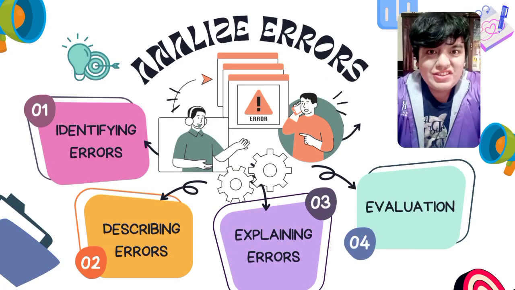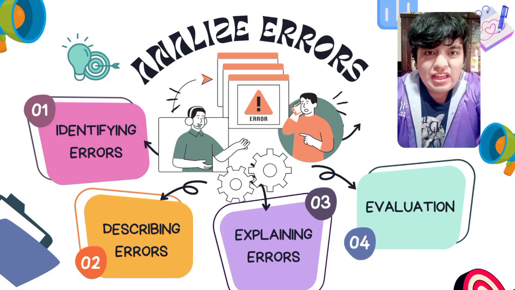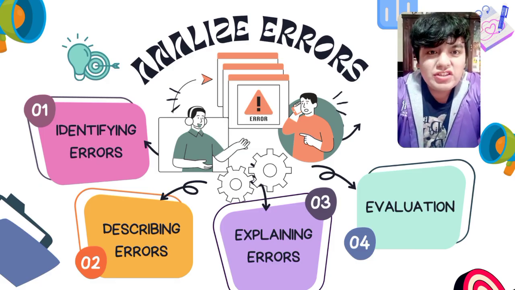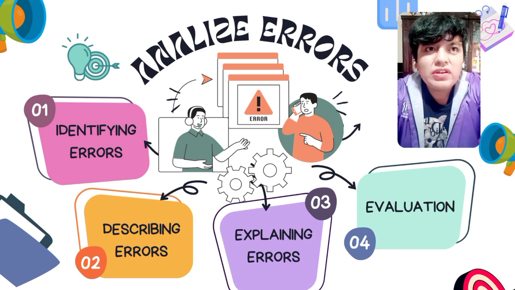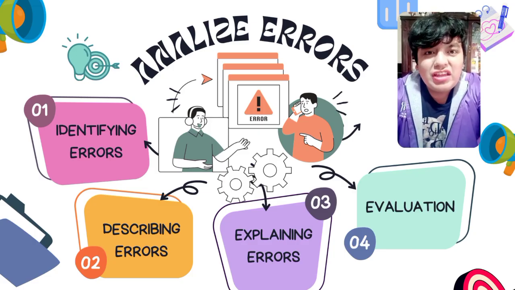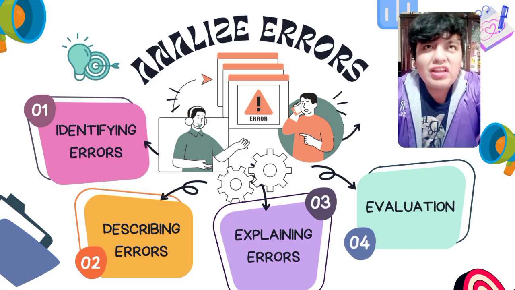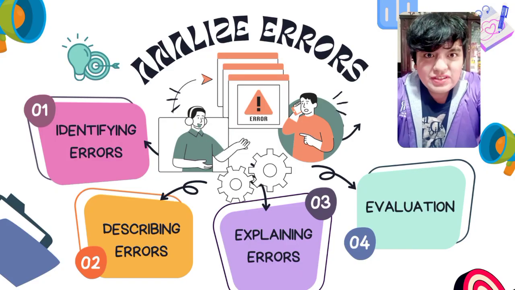Hello, today I'm going to explain to you about the analysis of errors. Analysis of errors is a subject of success when a learner commits different errors when learning the L2, or learning a second language.